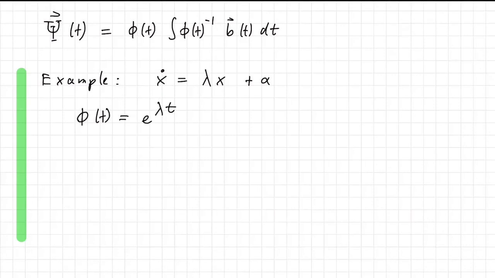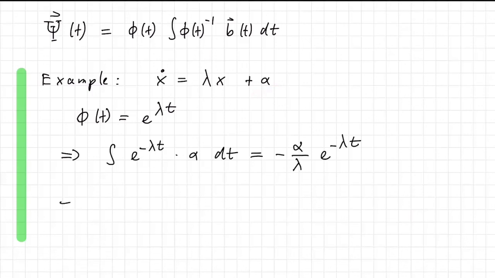Now, let's just plug this into our equation that we have here. So we first do the integral, and that is phi to the minus 1, which is e to the minus lambda t, times the b vector, which in this case is just a single number, alpha, dt, and this we can easily integrate to give us minus alpha divided by lambda e to the minus lambda t.